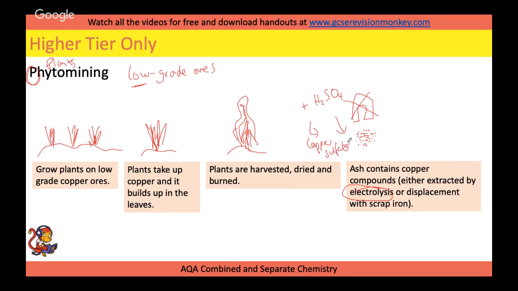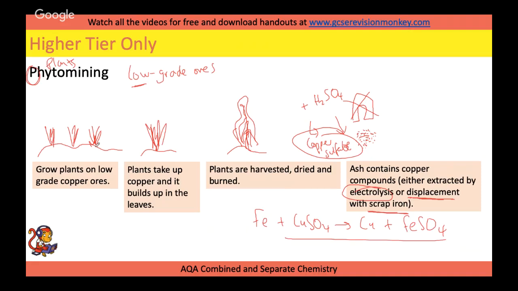You could then do electrolysis of copper sulfate to extract the copper. Or again, you could add the sulfuric acid to make copper sulfate, and a really cheap method is to do a displacement reaction with scrap iron. So if you added iron to the copper sulfate, you would end up with copper plus iron sulfate.